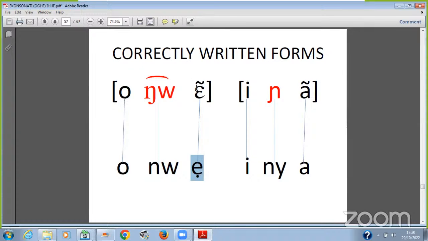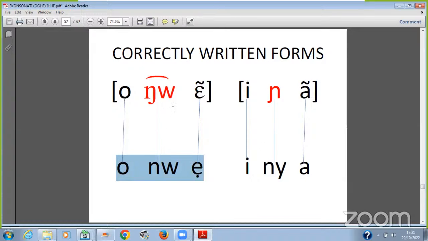And then up there, it is nasalized because of that rule that says anytime an oral vowel comes after a nasal consonant, it is automatically nasalized. So even though many people will pronounce onwe but write something different, this is the correct way of writing onwe for the reasons already given.